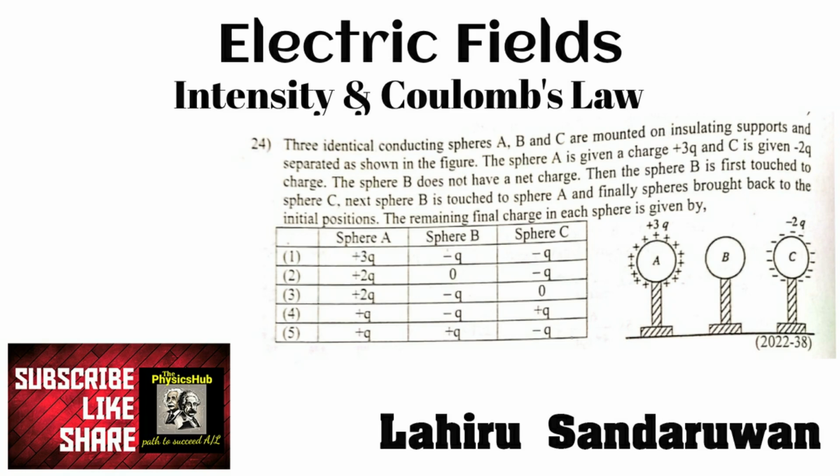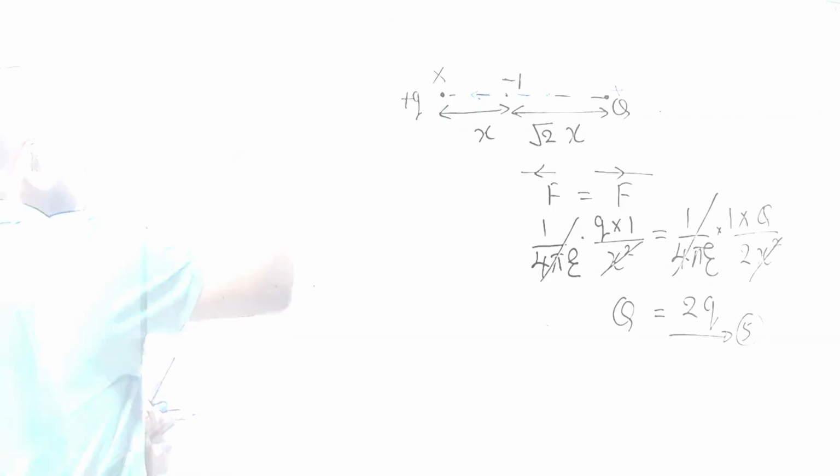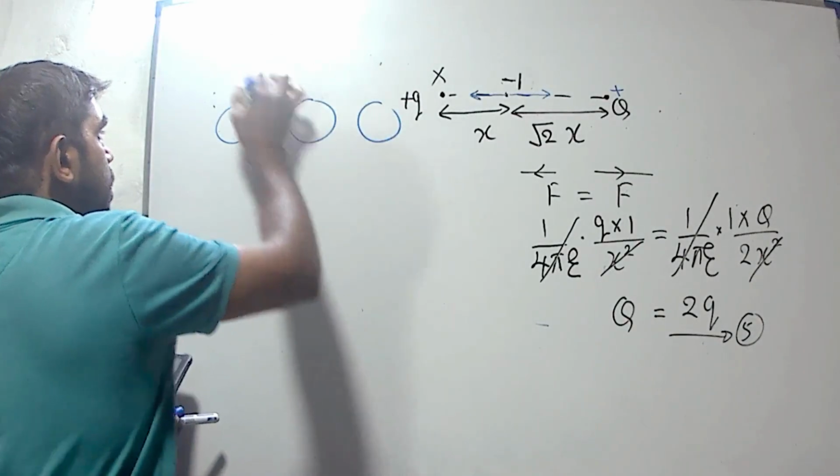The sphere B does not have a net charge. Then sphere B is first touched to the sphere C. Next sphere B is touched to sphere A. And finally spheres are brought back to the initial position. The remaining final charge in each sphere is given by A, B, C.